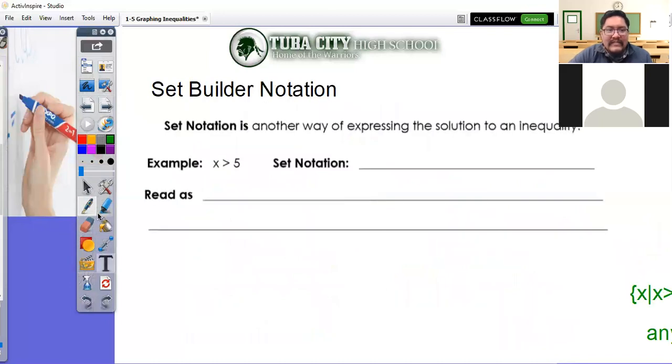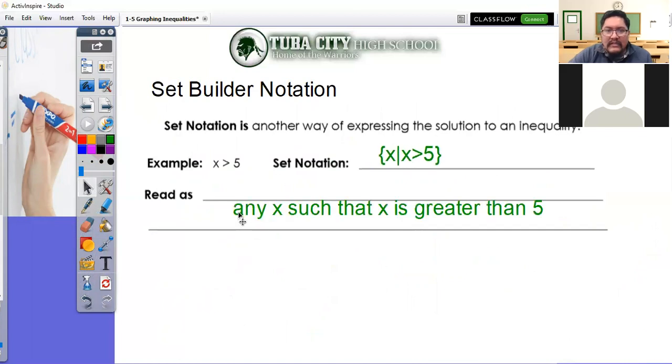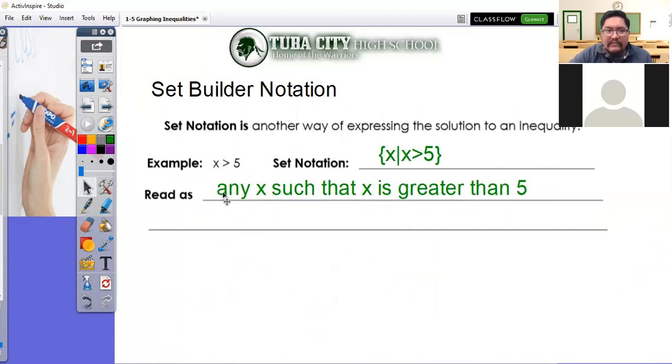Last thing, now I'm not going to require this, but this is what we call set builder notation, or just set notation. Now, I showed you these curvy parentheses that are called braces before, and they mean set. So in this case here, you would read it as the set of any x such that x is greater than 5.